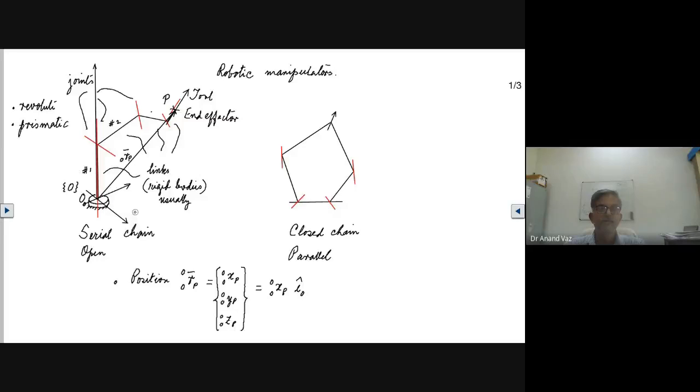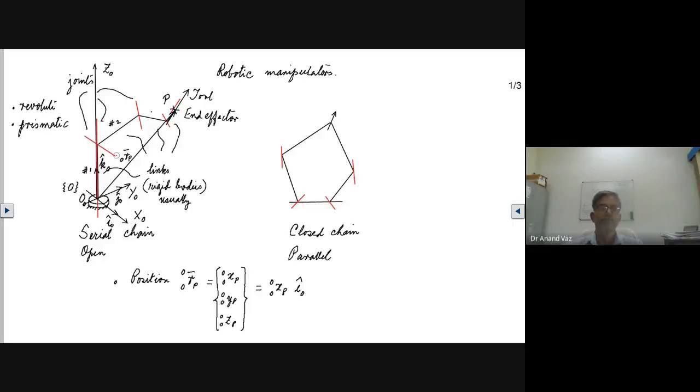So let's say if this is x naught, this axis is y naught, and if this is z naught, then the unit vectors associated with these directions are the unit vector i naught, the unit vector j naught, and the unit vector k naught. The magnitude of these unit vectors is 1.